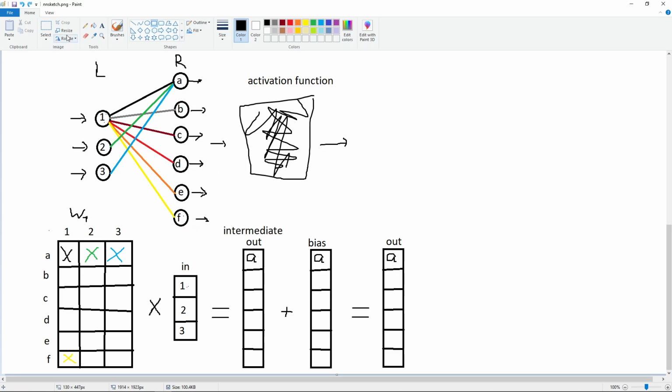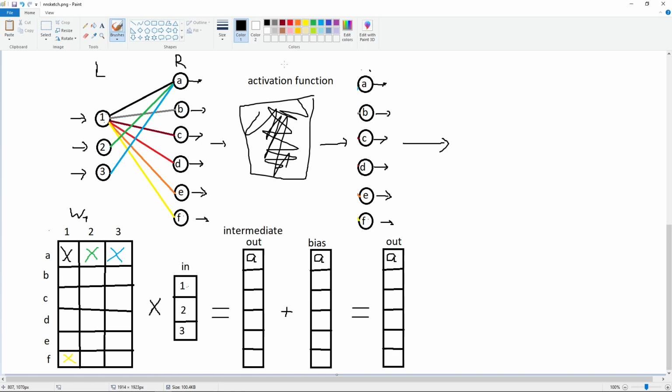Slightly different numbers, but 6 numbers come out over here, and they are slightly modified in a way that when we give this to the next layer, so when we perform the next matrix multiplication and the next vector addition, those two don't cancel each other out. And by cancel each other out, I mean they are no longer equivalent to a single matrix multiplication.